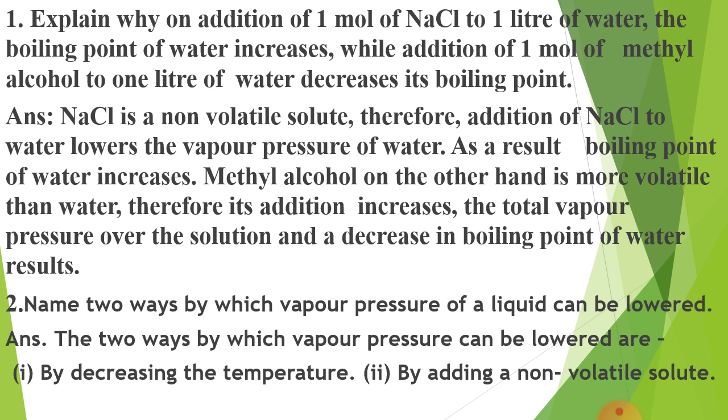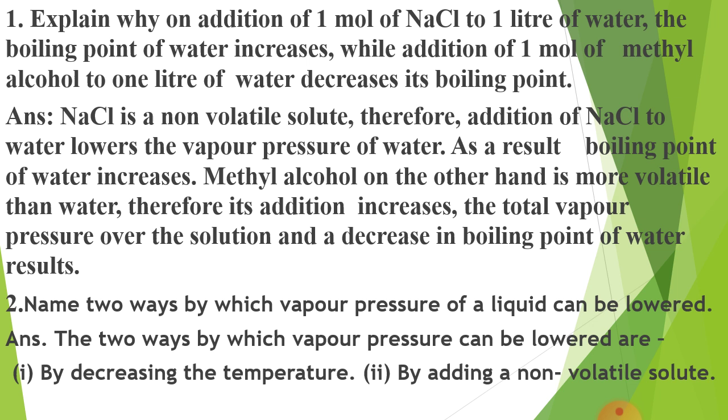Therefore, addition of NaCl to the water lowers the vapor pressure of water. As you know, the NaCl occupies some space on the surface of water in place of water. As a result, the boiling point of water increases.